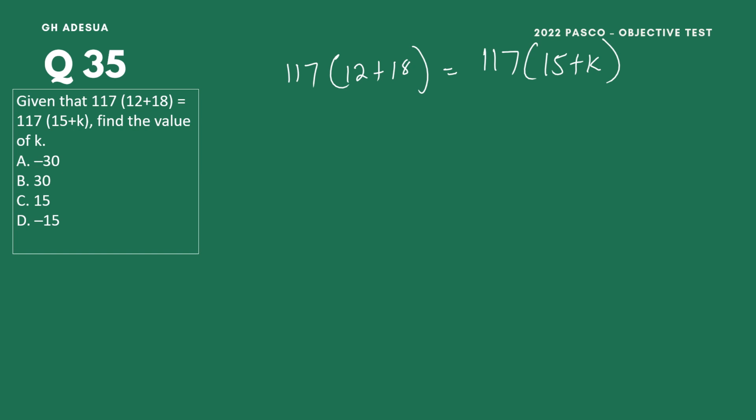Now, as in maths, we deal with the bracket first. So we have 117 and 18 plus 12. In this case, since we can add 12 and 18, we remove the brackets. That gives us 117 times 30, which is 3510, equal to 117 times 15 plus 117 times k.